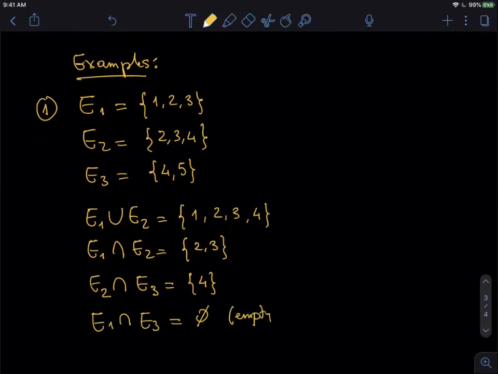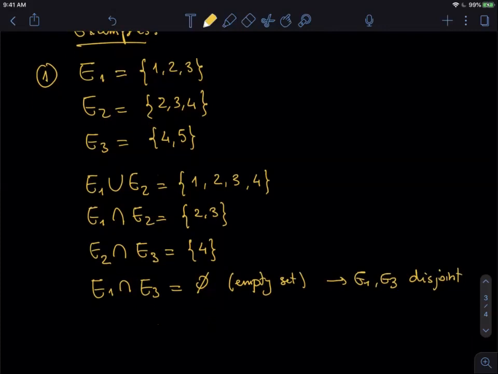This is the empty set. So E1, E2, E3, we say they are disjoint. Or we could have written the intersection of E1, E2, and E3. In this case, it's also empty because all three of them have no common elements. They have common elements, E1 with E2, and then E2 with E3, but when you put all three together, there are no common elements.